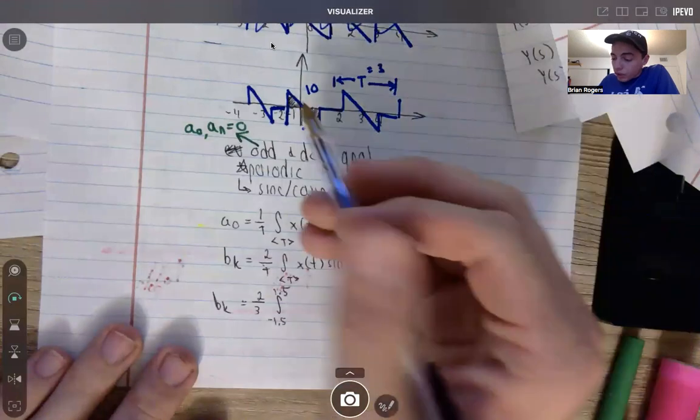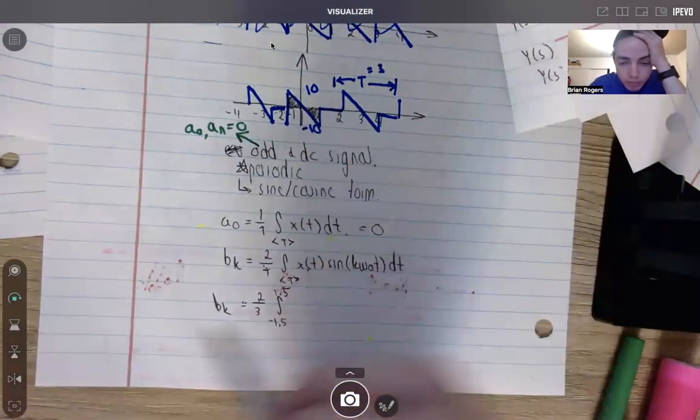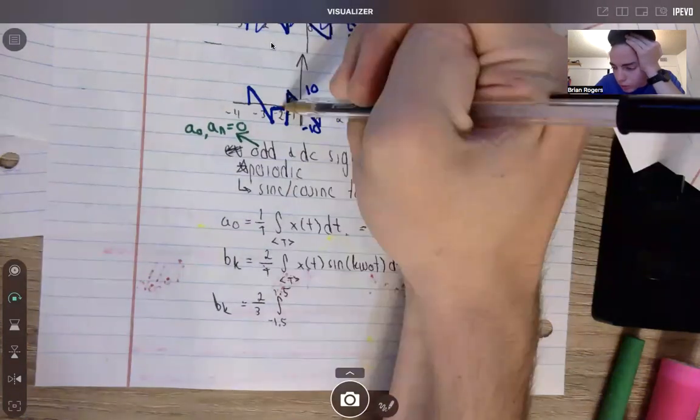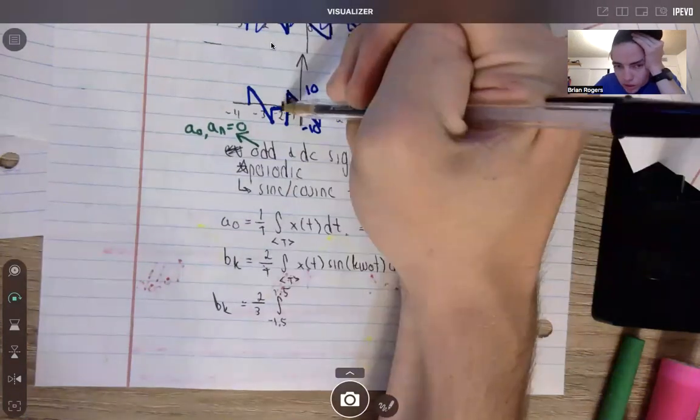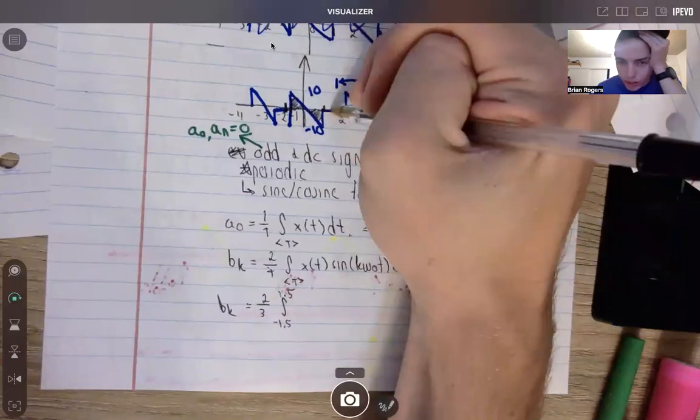what we're going to notice, the big thing, when we're taking the integral, finding the area beneath the curve, is that the area from -1.5 to 1.5 here is 0, right? And the area from 1 to 1.5 is 0, correct?